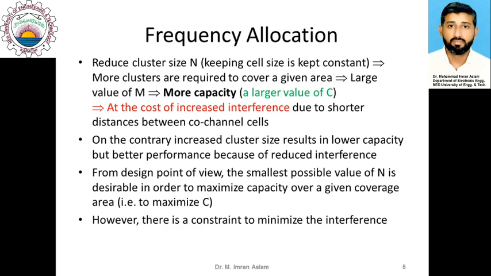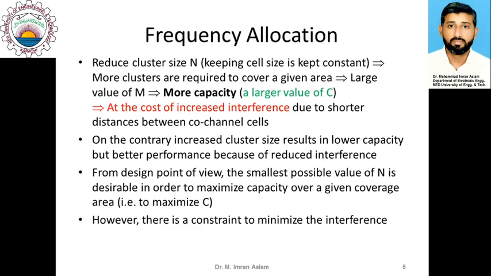From a design point of view, because we want to have more capacity in the system, it is desirable to have a smaller value of n, because when we reduce the size of n, it leads to an increase in capacity. In order to maximize the value of C, we need to use a smaller value of n, but we should not go to a very small value that leads to higher interference.